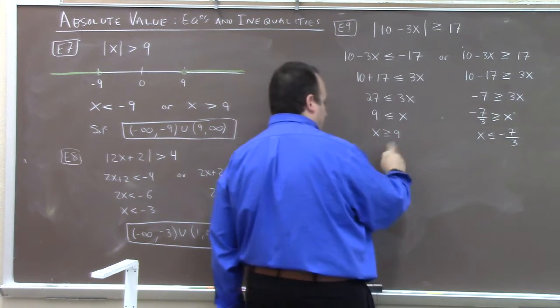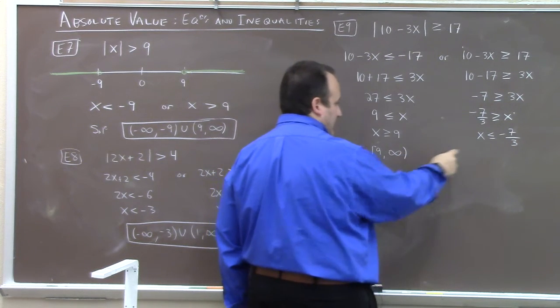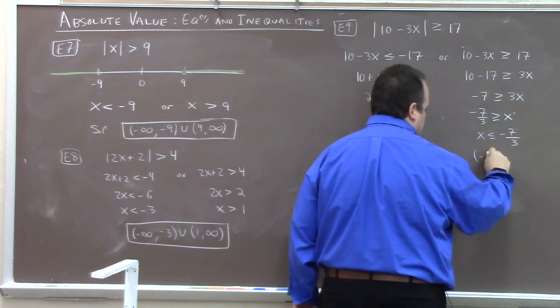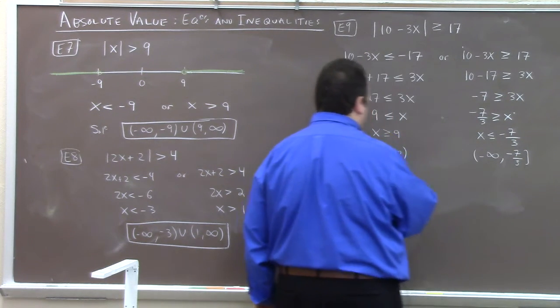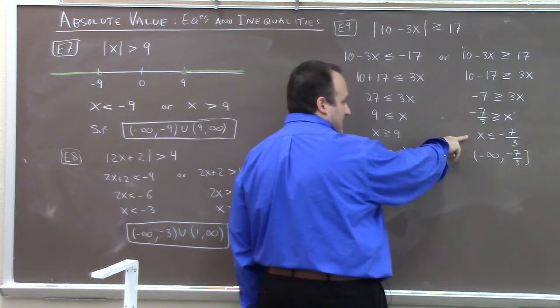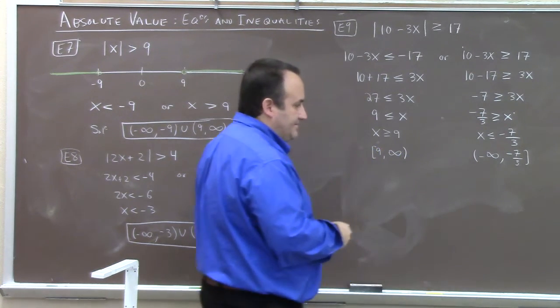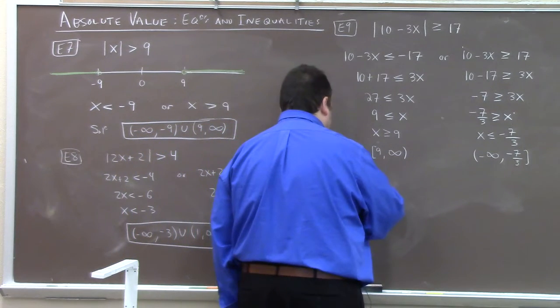Because then I can more easily see that this is 9 to infinity. That's that part of the solution. And over here, we've got minus infinity to minus 7/3. X satisfying this is in this set. X satisfying that is in that set. So what's the solution overall? We've got to put these together.